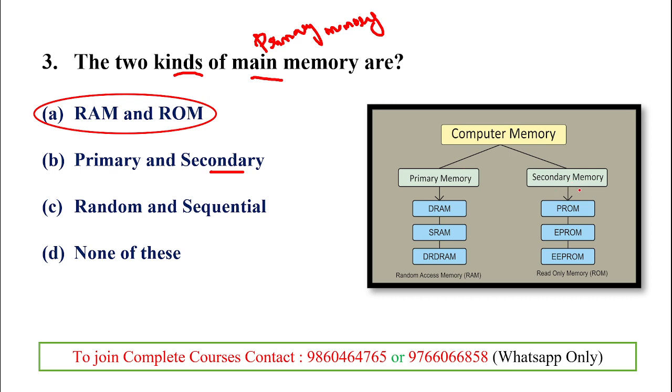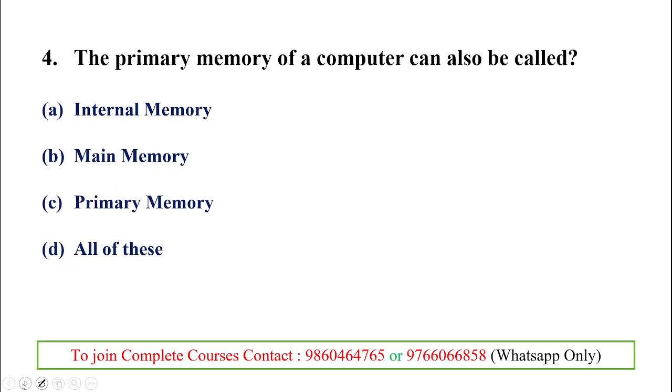In secondary memory there is ROM, read-only memory, with EEPROM. So this is read-only memory, and here is random access memory. Clear?